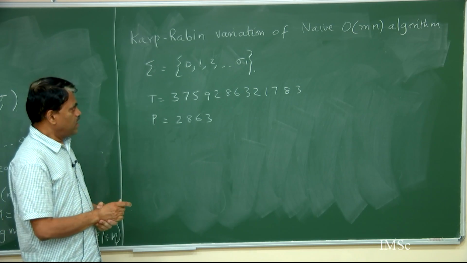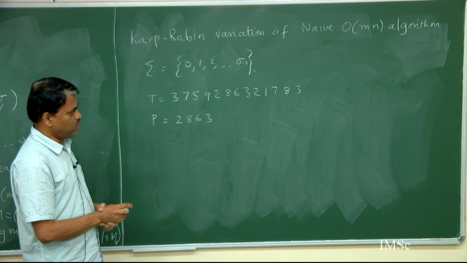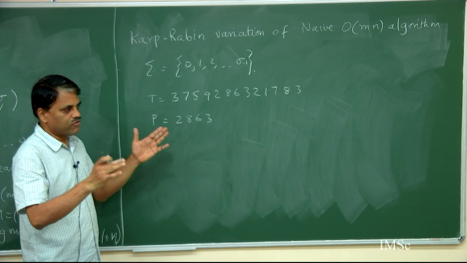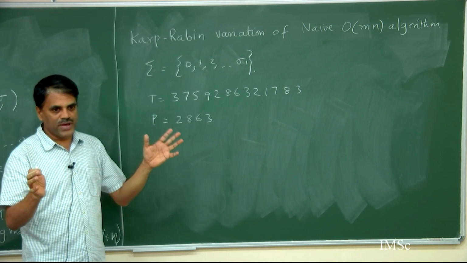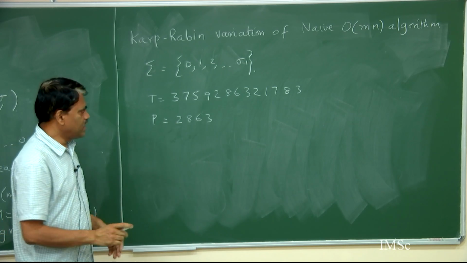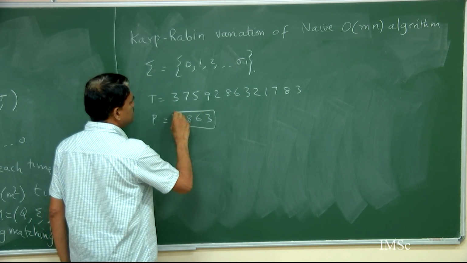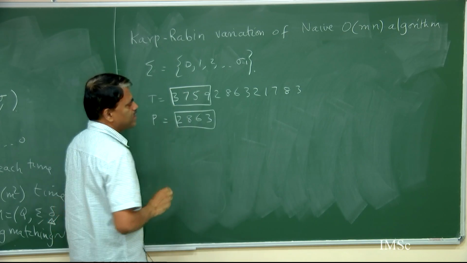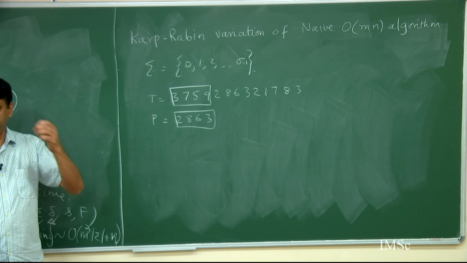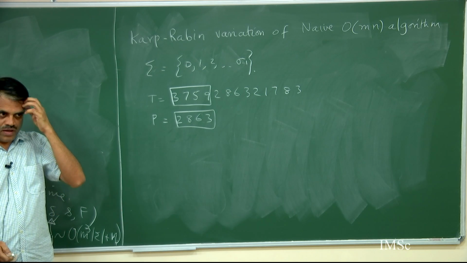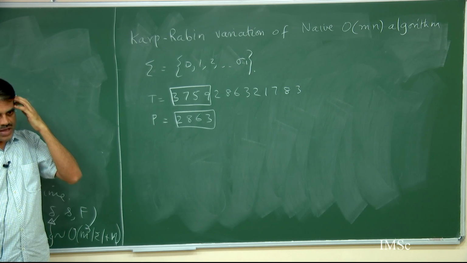Now, what we will do is, if you have an ability to compare numbers easily, then we will just take this number and compare in constant time. Are they same? Okay. They are same, then you got a match.